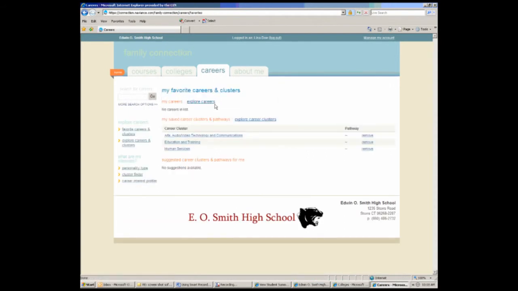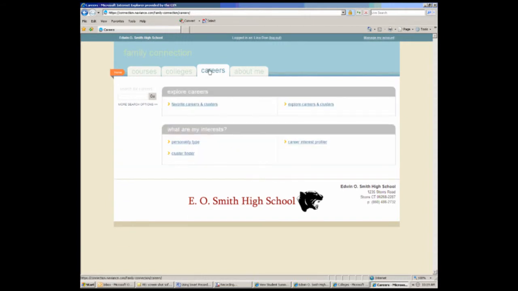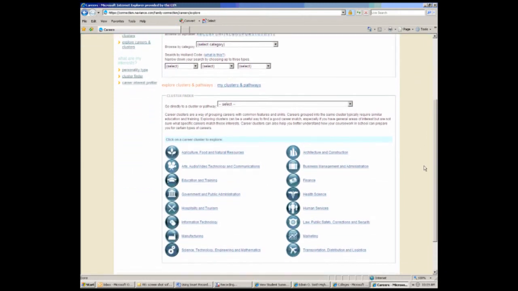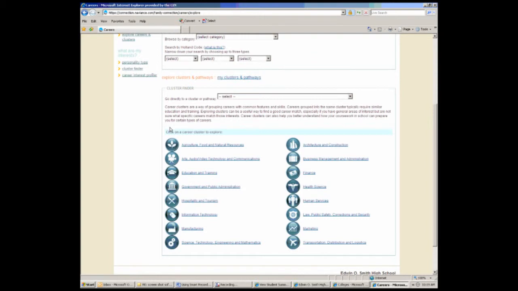So going back to careers, clicking on My Favorite Careers and Clusters, you can see that Lisa has chosen 3 that are consistent with her interest profiler. And she can explore those careers and clusters more deeply.